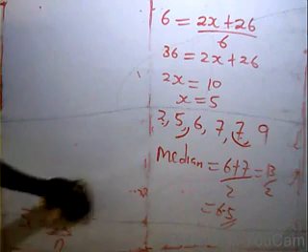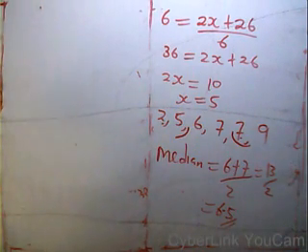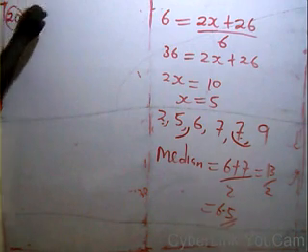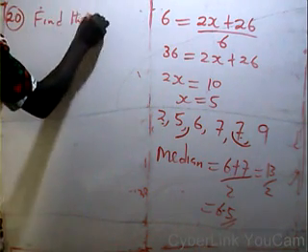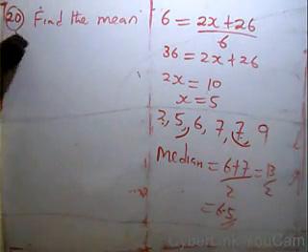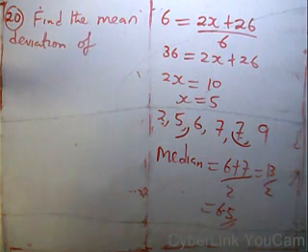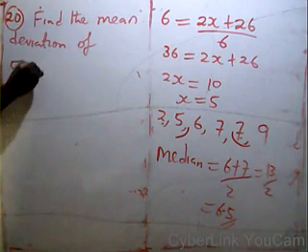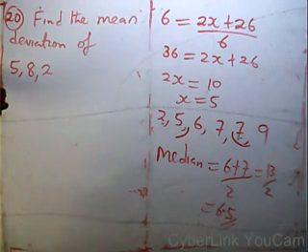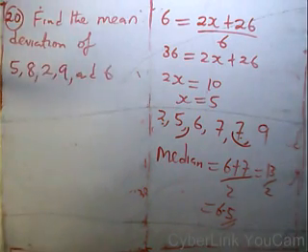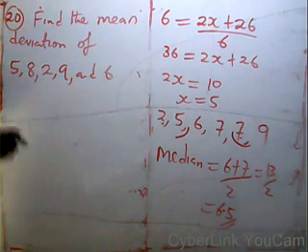Question 20: find the mean deviation of 5, 8, 2, 9, and 6.